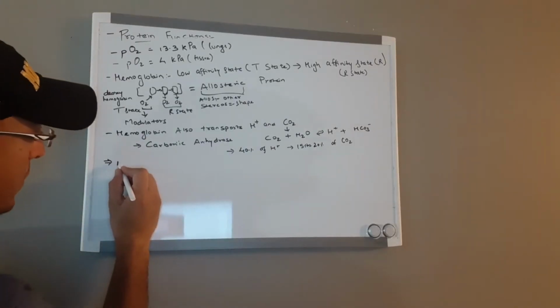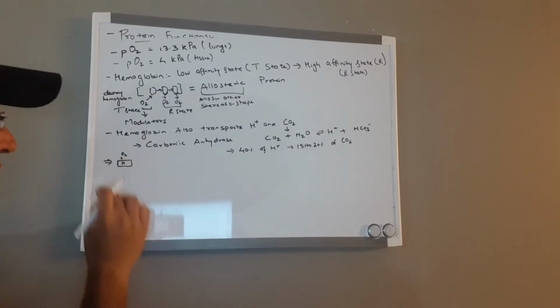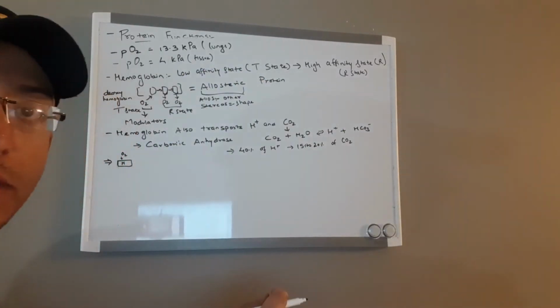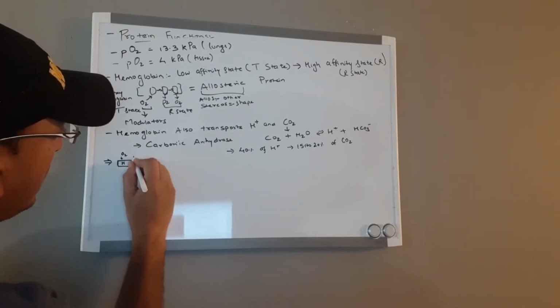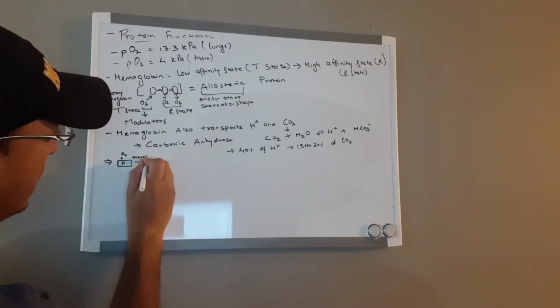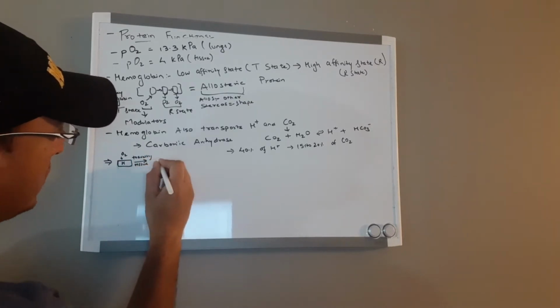For example, this is hemoglobin that has oxygen attached, and it is traveling into the tissues.